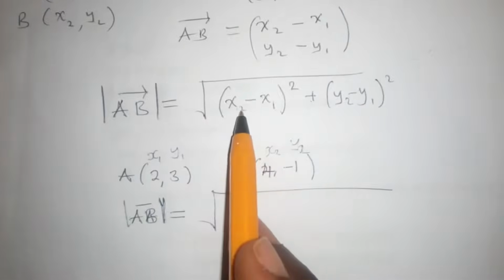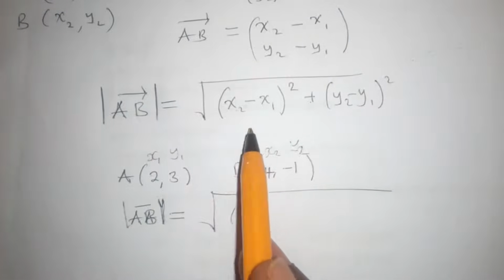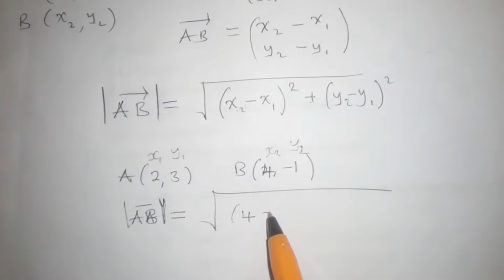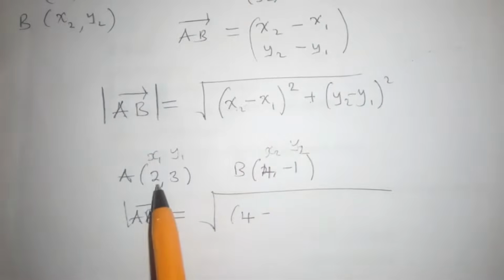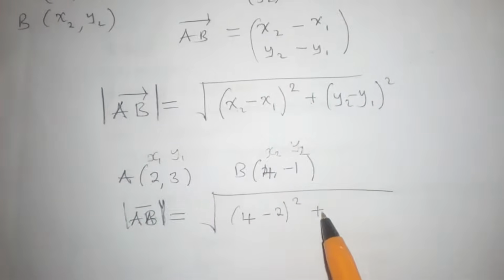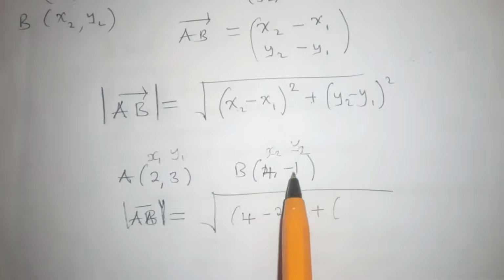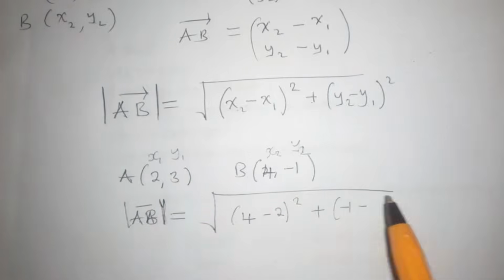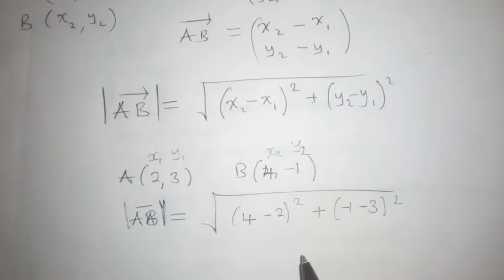So now I check. The formula here is telling me to put x sub 2. Where is my x sub 2? It is 4. So 4 minus x sub 1. What is my x sub 1? It is 2. Then power here, plus y sub 2 is -1 minus y sub 1, which is 3, and the power here.